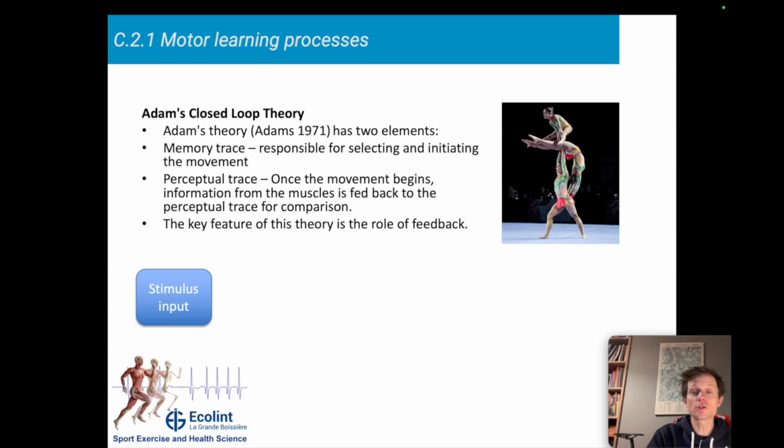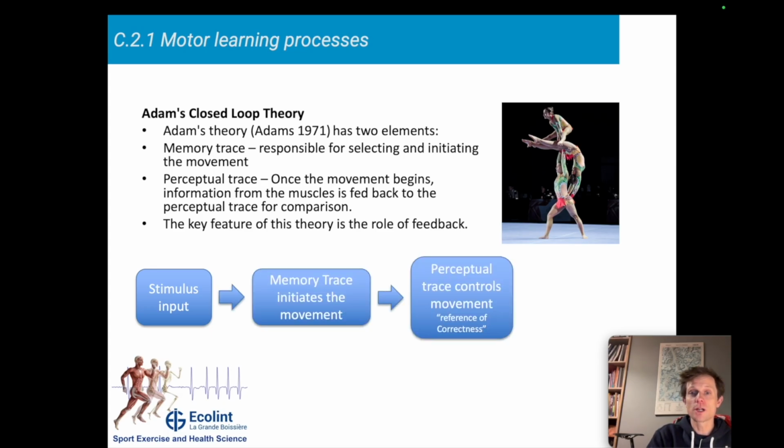So we have a stimulus or input, the memory trace then initiates that movement, and then the perceptual trace acts as a reference of correctness throughout the execution of the movement. The motor action or the output is then produced.